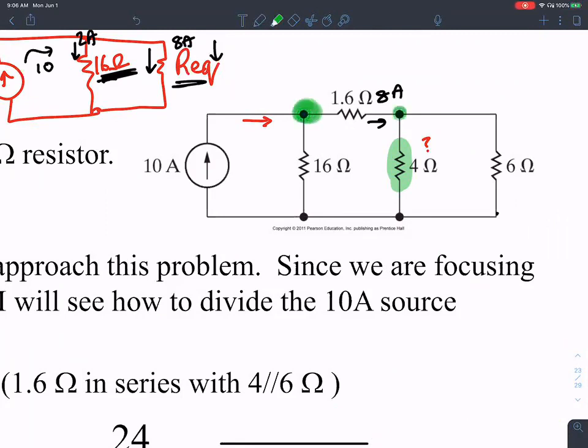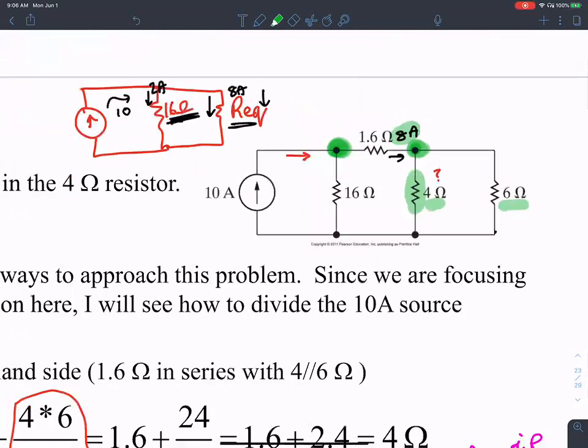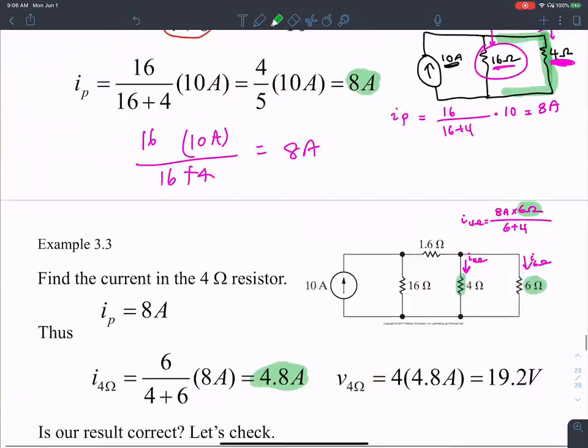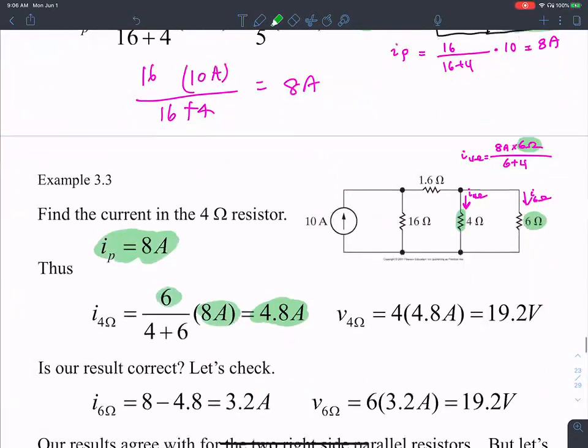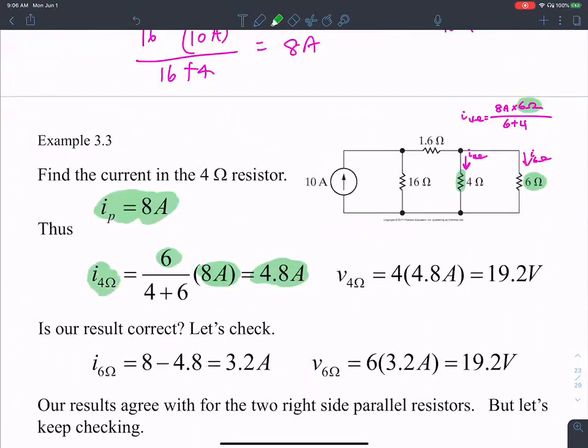Then I apply current division at this node to split this 8 ampere current between 4 ohms and 6 ohms. That's exactly what is being done here. If you have to find the current through the 4 ohm resistance, you use the other resistance, which is 6 ohms.